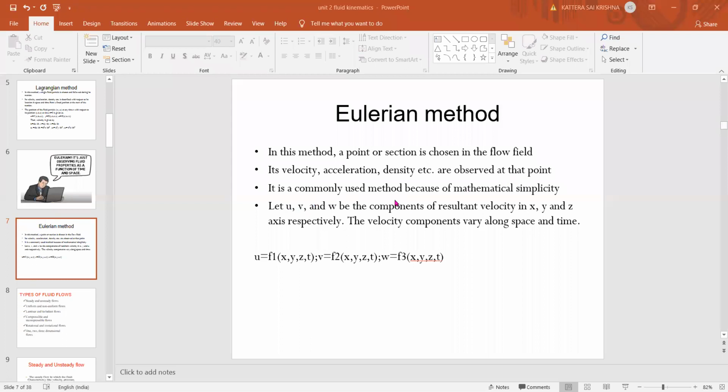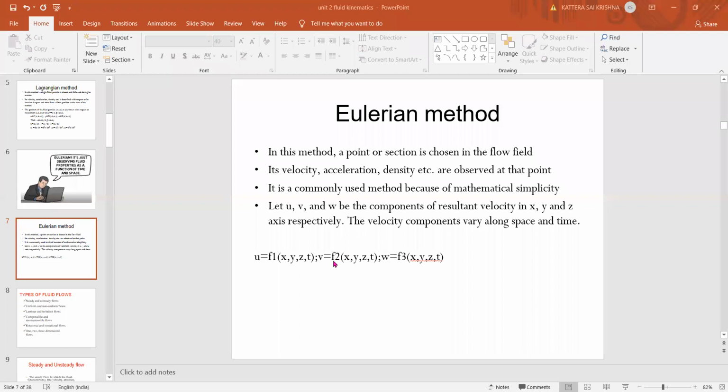It is a commonly used method because of its mathematical simplicity. If you want to calculate, it is very easy by using the Eulerian method. That's why mostly we use this method for finding velocity, accelerations, etc. Now, if u, v, w are the components of velocity in x, y, z directions, then u equal to f1, a function of x, y, z and t for a single fluid particle.